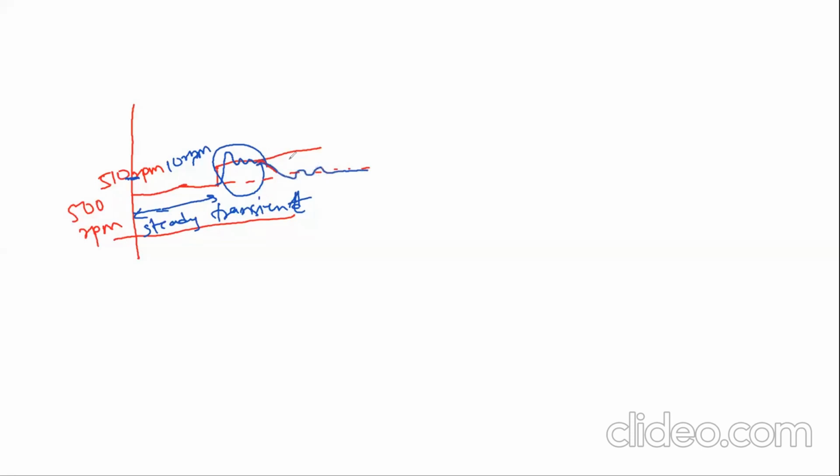Steady state stability is nothing but this: the machine is running with a steady state, constant speed, and because of a disturbance the speed somewhat increases or decreases. After some time, if the machine is able to come back to the previous steady state position, then we say that the machine is steady state stable.